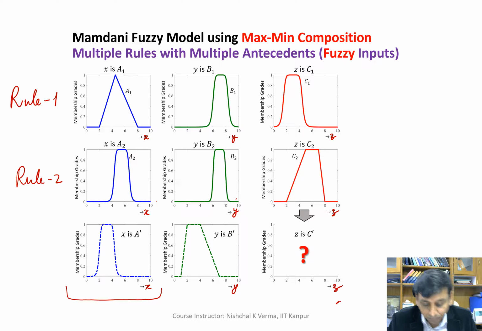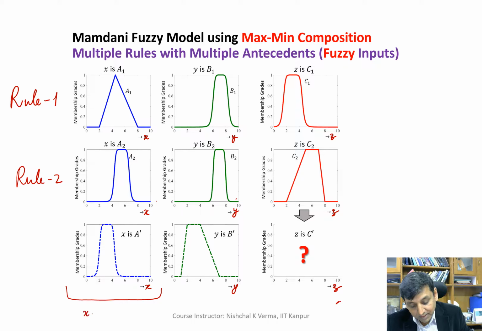Alright, so now let us apply this input to the fuzzy model, and let's see what we get as the output for the corresponding input. So this is the first fuzzy input.